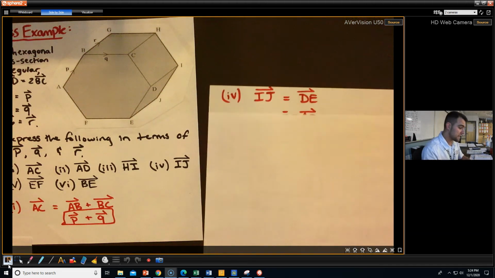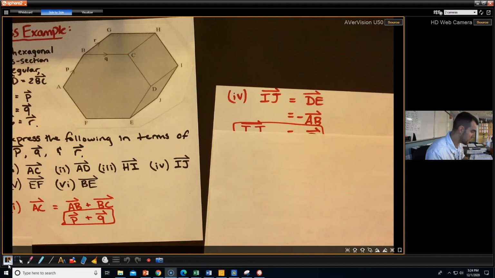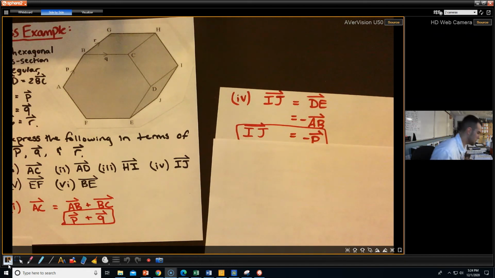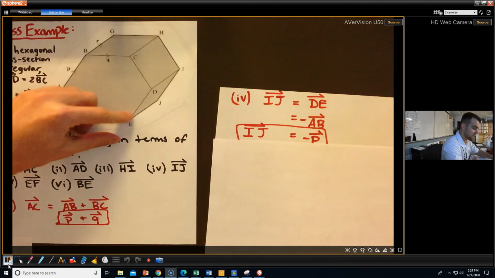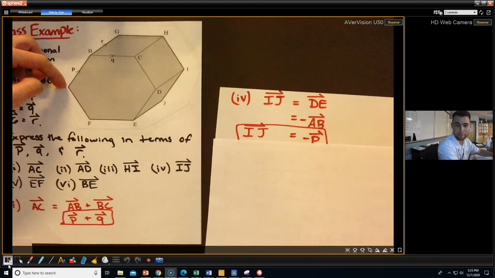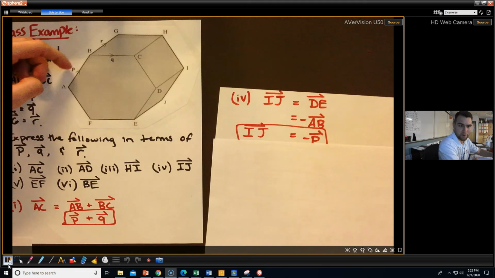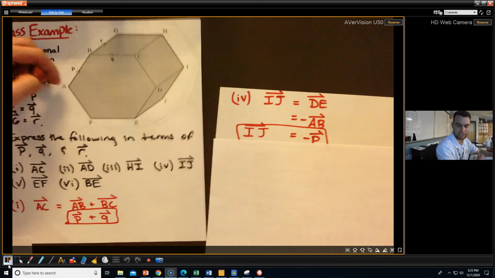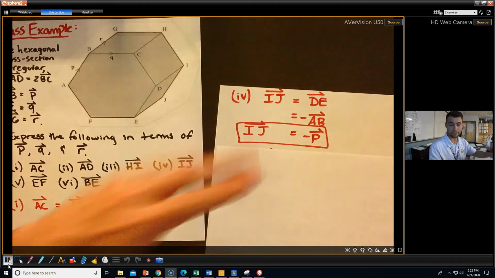So I know that's also the same as negative AB, because if this is DE going this way, then going the opposite way, going BA, would be negative AB. AB is P, so the negative of that is just negative P. So IJ equals negative P.